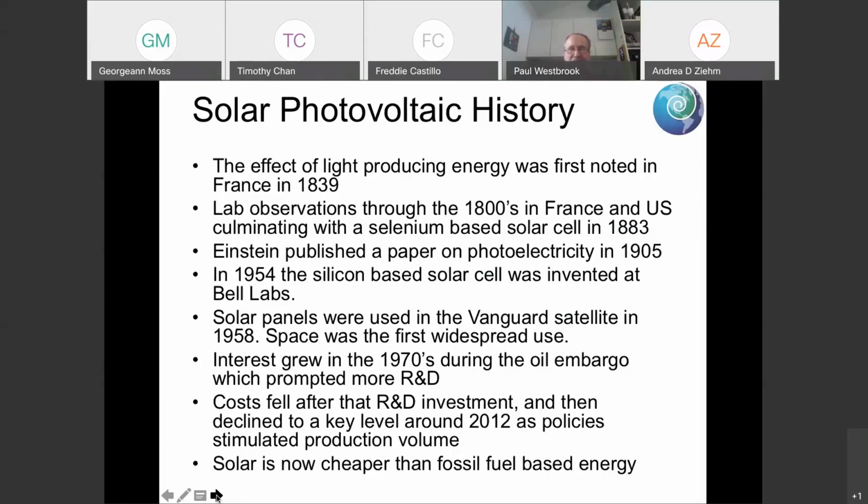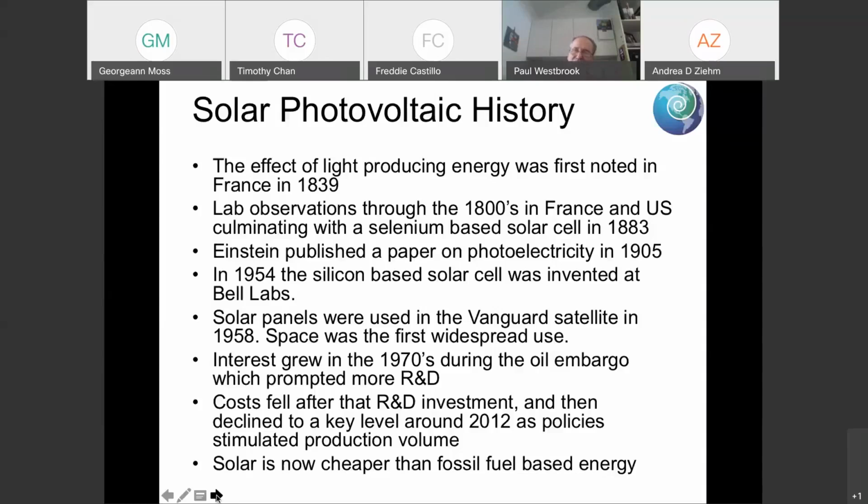But it really didn't catch attention until the 50s when the silicon-based solar cell was invented at Bell Laboratories. Then they became popular in space satellites initially. They were very high cost, but when you're in space, you can aim at the sun all the time, so it was the best source of energy for satellites.